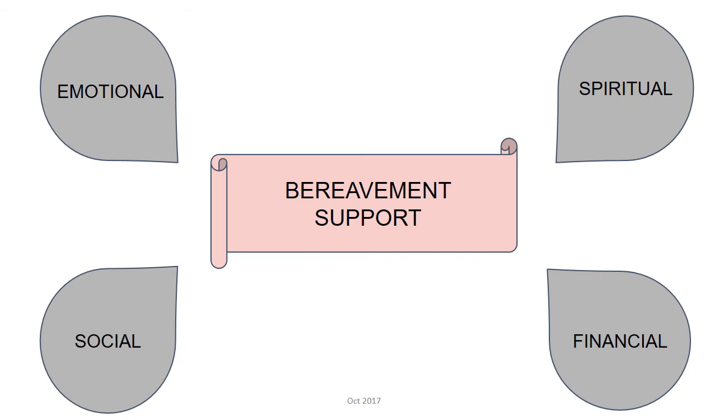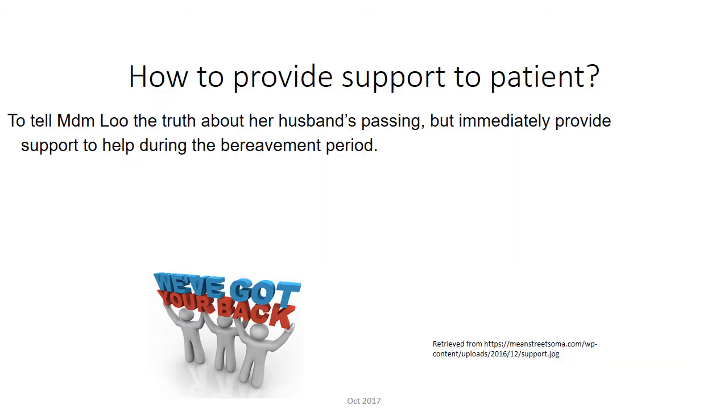Social support can be visiting her, referring her to a home nursing foundation where they can visit her, or letting her stay with the family members. How do we provide support to the patient? We must give her immediate support during this period.